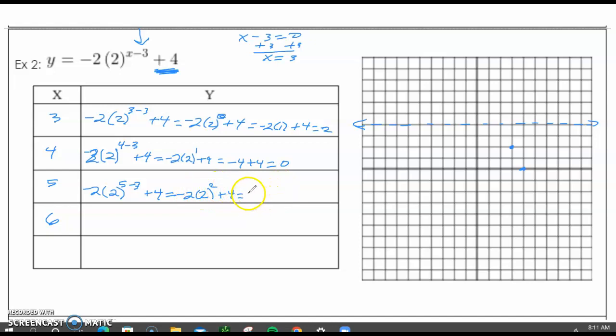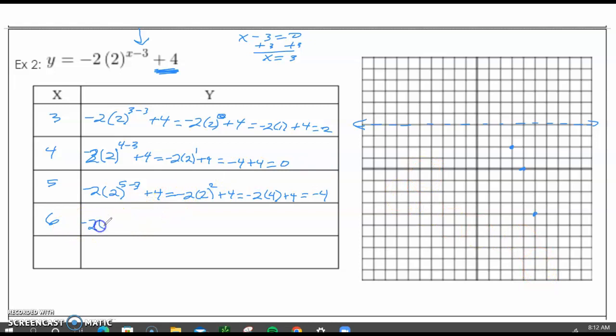Negative 2 times 4 plus 4, so that's negative 8 plus 4, so we get negative 4. So 5, negative 4 is our next point. Let's see if we can get one more to fit on our graph.